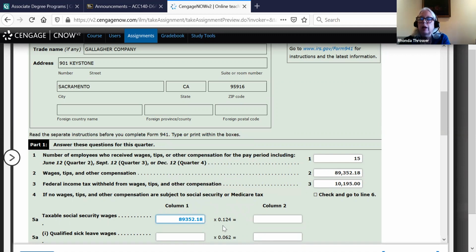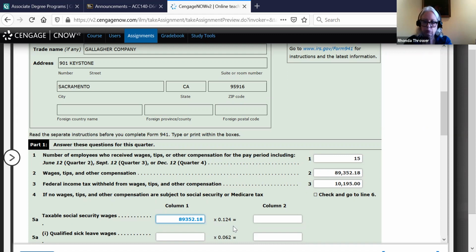Then we're going to multiply this by the tax rate. This is for Social Security. The tax rate was 6.2%. And remember, because the employee and the employer pay the taxes, the tax rate would be doubled. So 6.2% times 2 is 12.4%. We're going to multiply the Social Security wages by the tax rate.